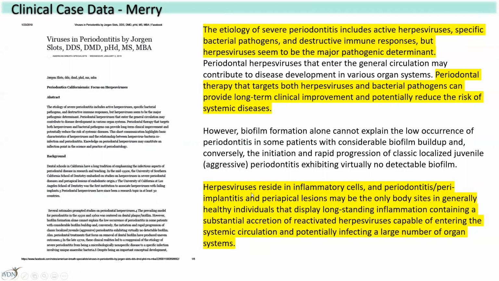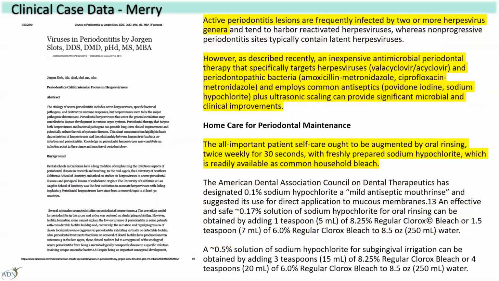And what Dr. Slots is reminding us is that these herpes viruses are probably one of the things that we should look at that could enter the systemic circulation and potentially infect a large number of organ systems, that we have a bigger risk from viruses than maybe we even do from bacteria.